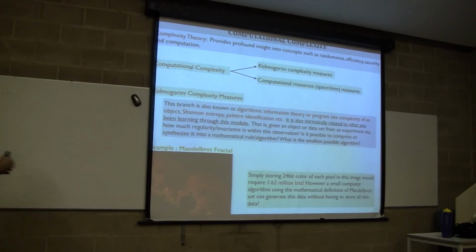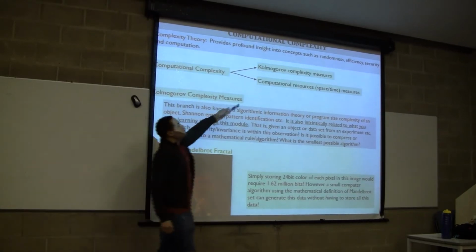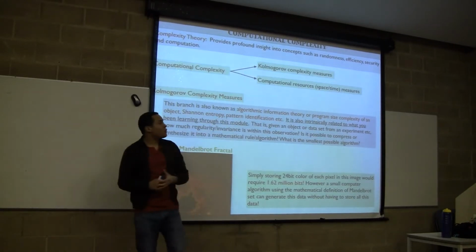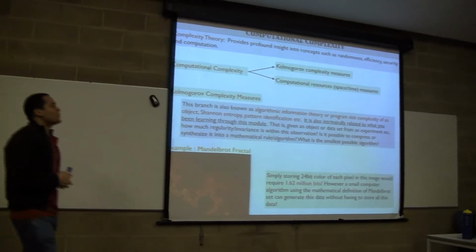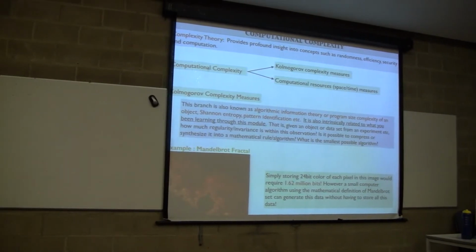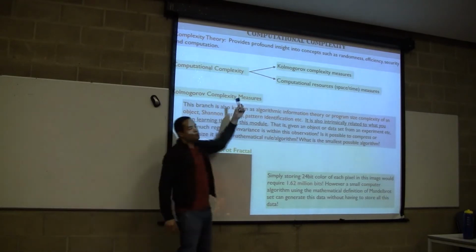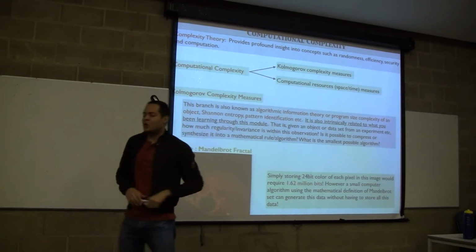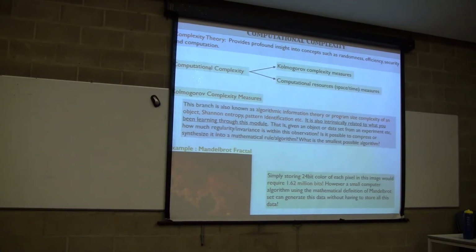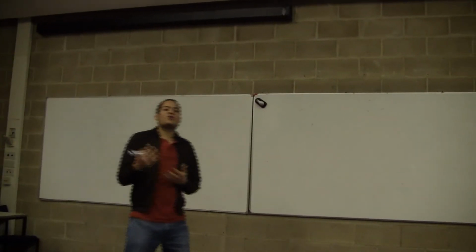Computational complexity is actually divided into two subtopics, called Kolmogorov complexity and the computational resources, space-time measures. Kolmogorov complexity is related to what you've been doing in this module: given a data set, like a stream being given to you, you want to understand what is the language embedded within it.